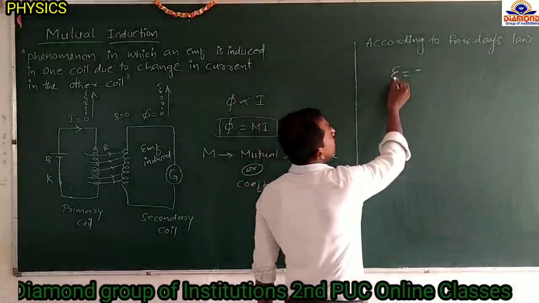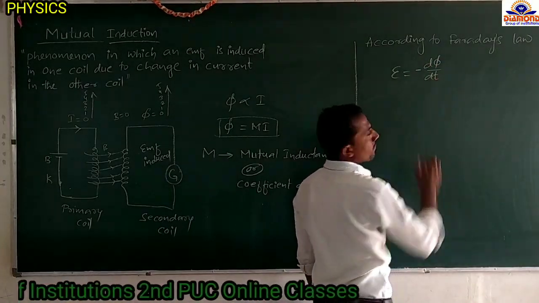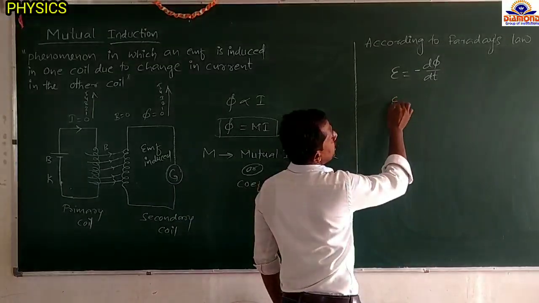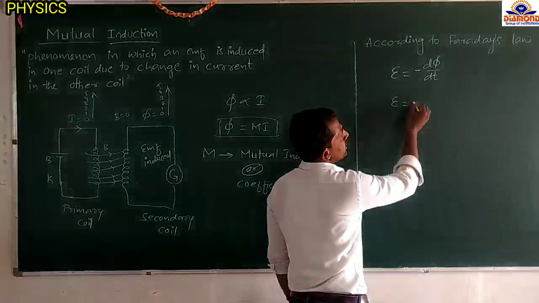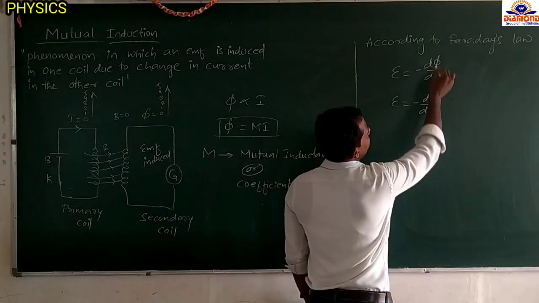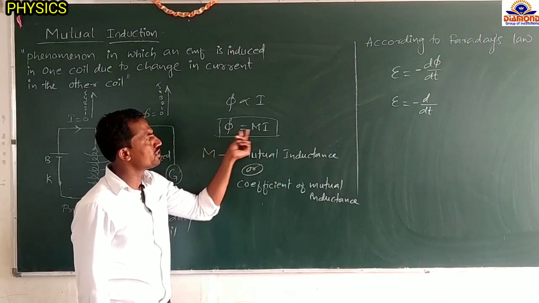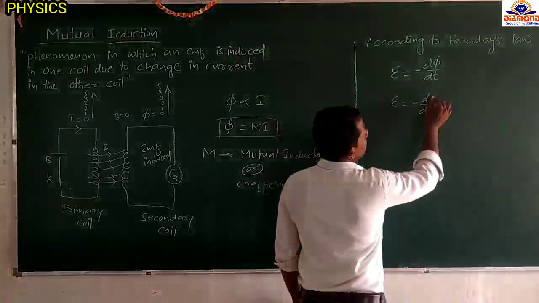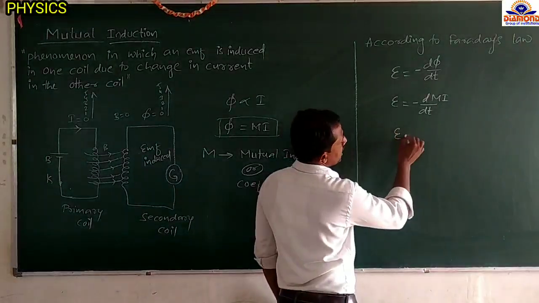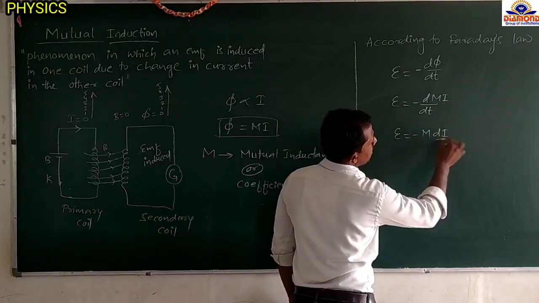We write E equals minus d phi by dt. Here E means EMF, the minus sign stays, and d phi by dt stays. What is phi? Magnetic flux, whose value is M I. So E equals minus M, taking M outside, d I by dt.